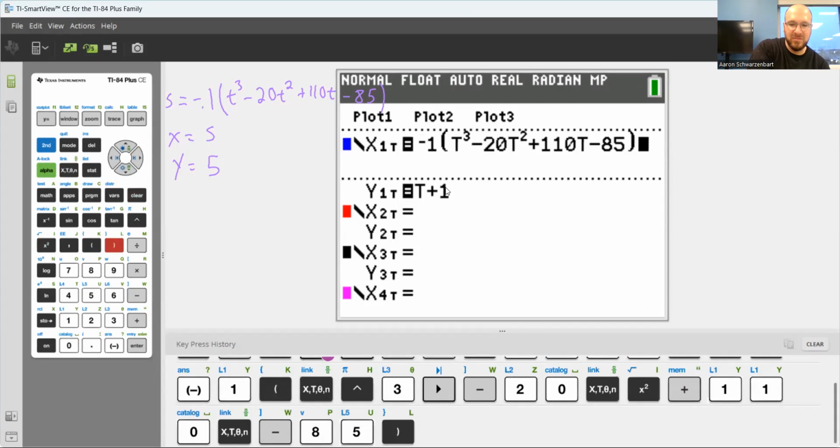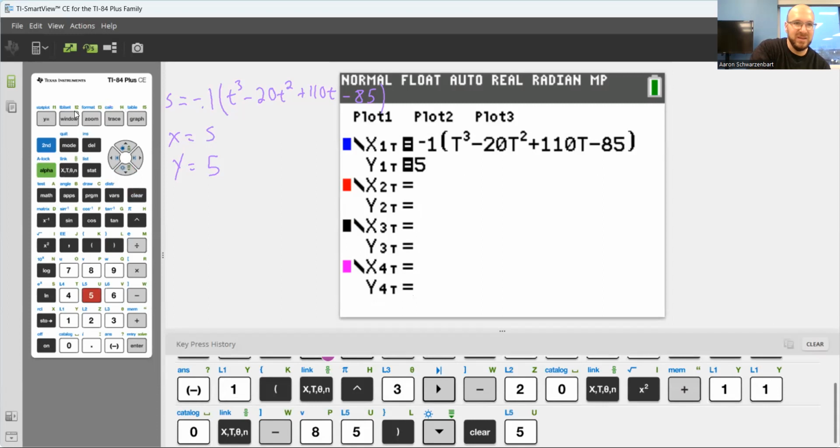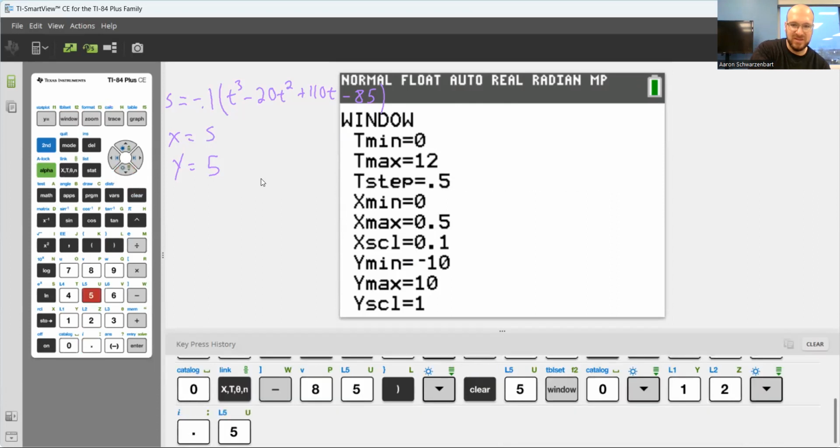And then we're going to go to y. So that's 5. Window here. T min, it says it's 0 to 12, is my motion. T step, I'm going to go as 0.5, just so this goes a little faster.